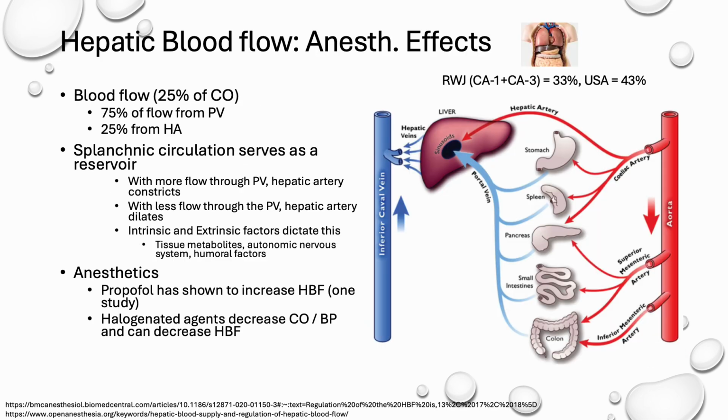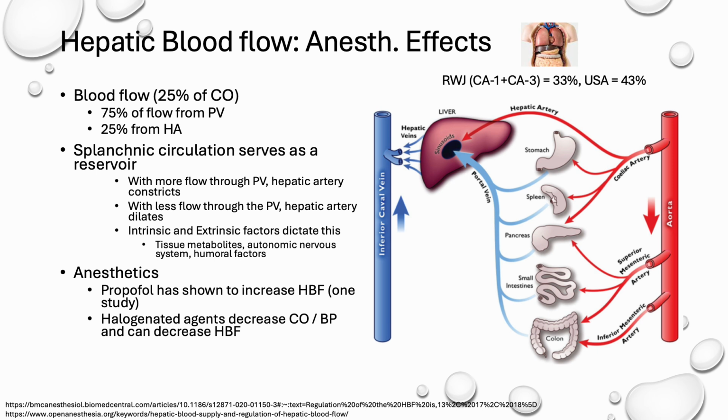Our next keyword in the organ-based systems category is hepatic blood flow and anesthetic effects on this blood flow. So in general, hepatic blood flow is quite complex and relies on many different factors. At its most simple, 75% of blood flow comes via the portal vein and 25% comes from the hepatic artery.